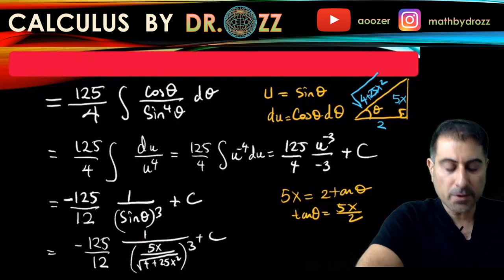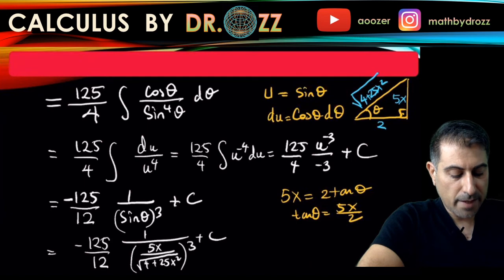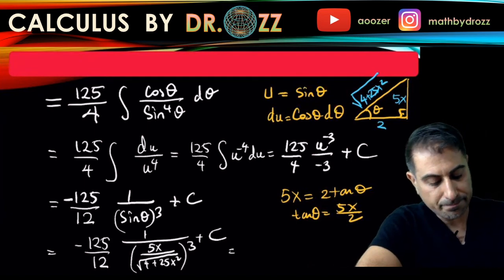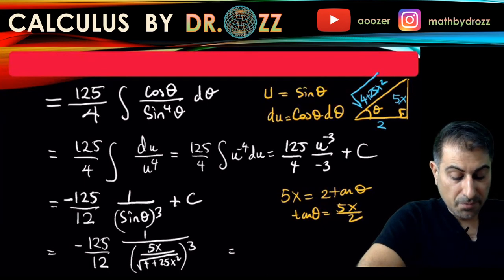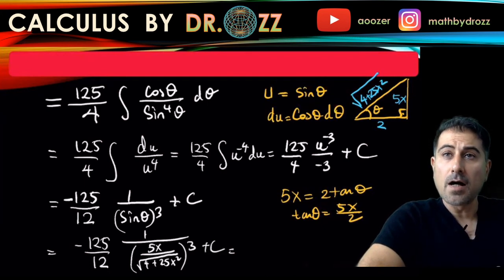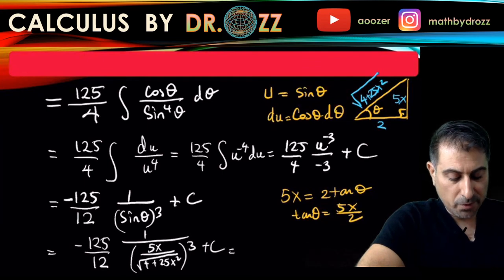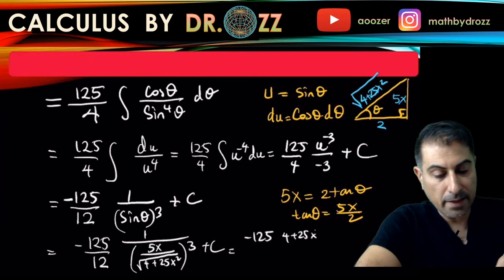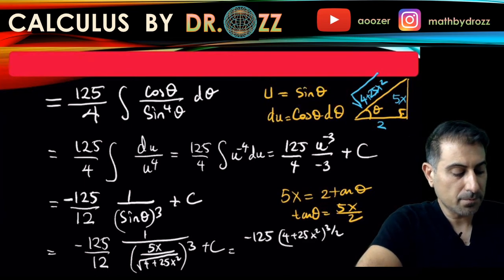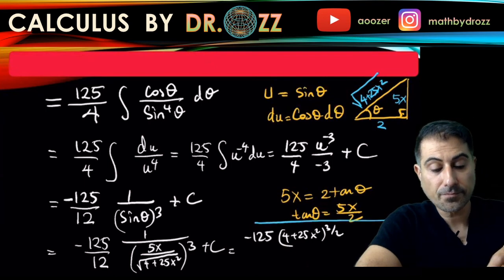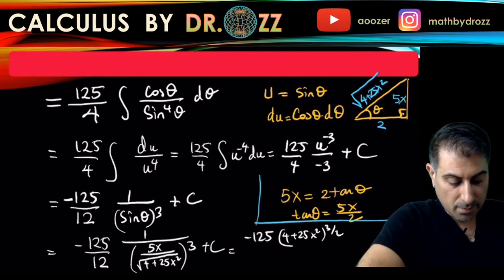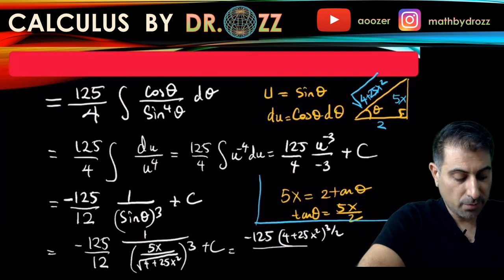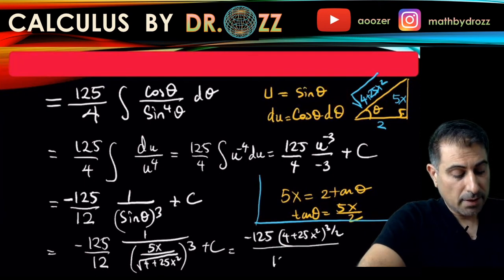And you can simplify this further. Let me just put the c here. We can flip the bottom over with the cube: minus 125 times 4 plus 25x squared to the power of 3 halves, that is also coming along with 12, over 5x cubed, and that is 125x cubed, plus c.